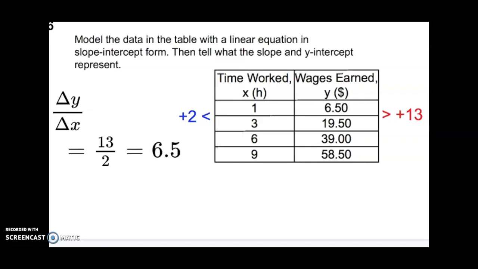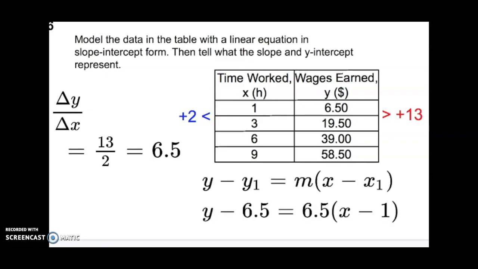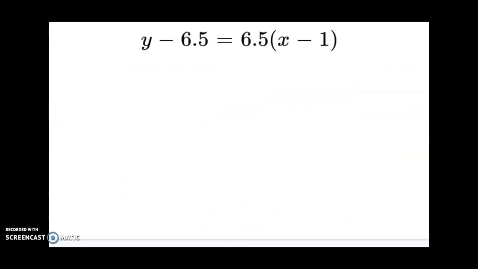So now we're going to put that into point-slope form. Slope is 6.5, and I'm going to use the first point. X is 1, so x minus 1, and y is 6.5, so 6.5 will go here. Now, we need to find the y-intercept.